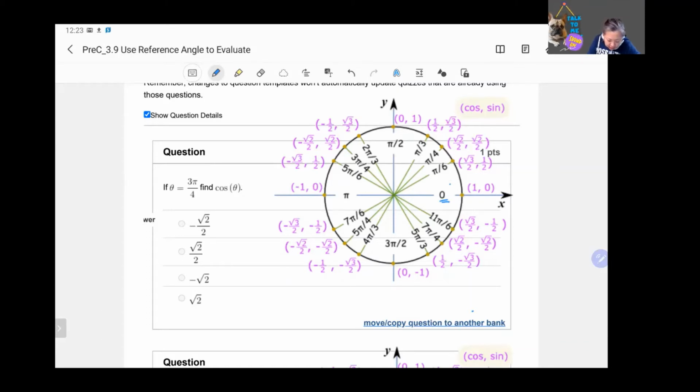And here, 3 pi over 4 means I have to have 3 pieces of pi over 4. Then pi over 4 here, so 1, 2, 3. Now 3 pi over 4 is here. So then this is the terminal side of theta, which is 3 pi over 4, all the way up to here.